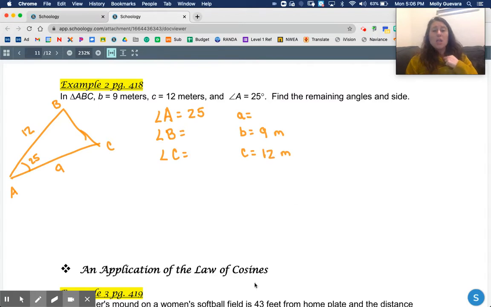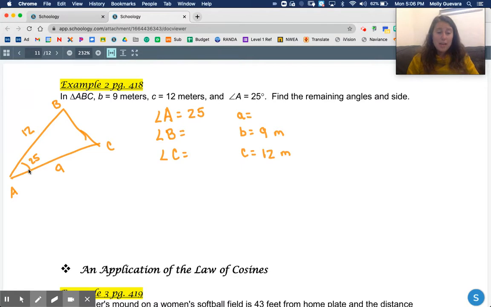Okay, so the question is, do I know an angle and the side across from the angle? And here the answer is no, I don't, right? Because I know my angle is 25, I don't know what the side across from that is. So because I don't have that, I have to use law of cosines.